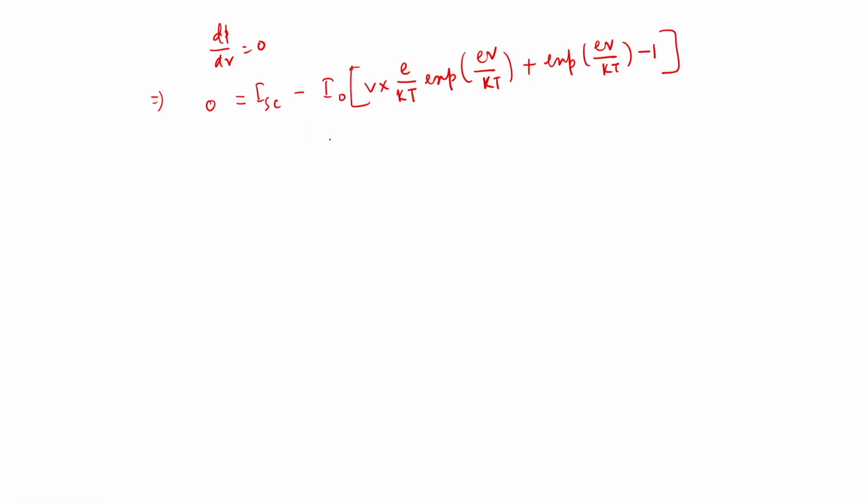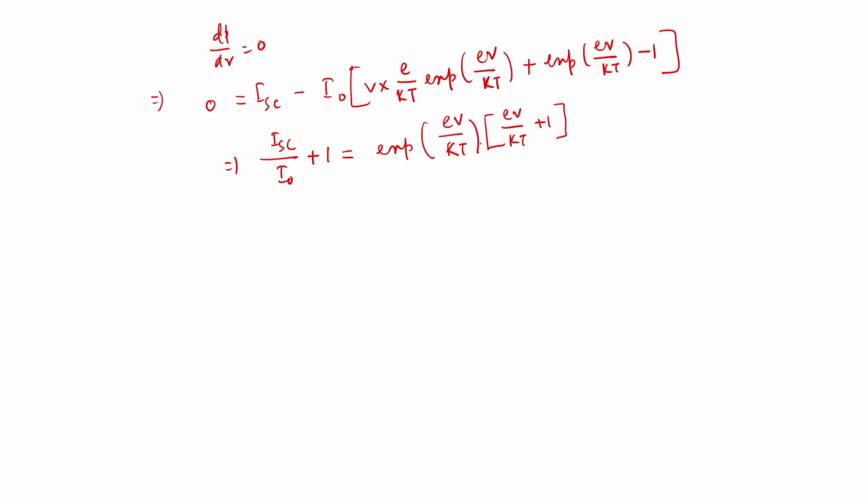If we do rearrangement, then what we will have is something like ISC by I naught plus 1 is equal to exponential of EV by KT, EV by KT plus 1, right.